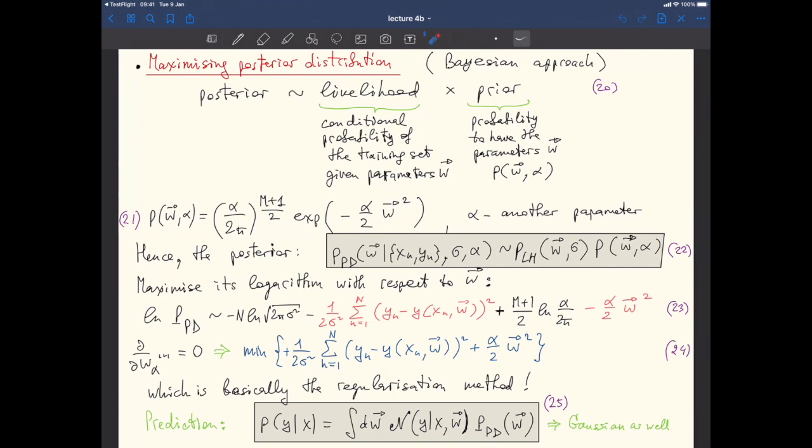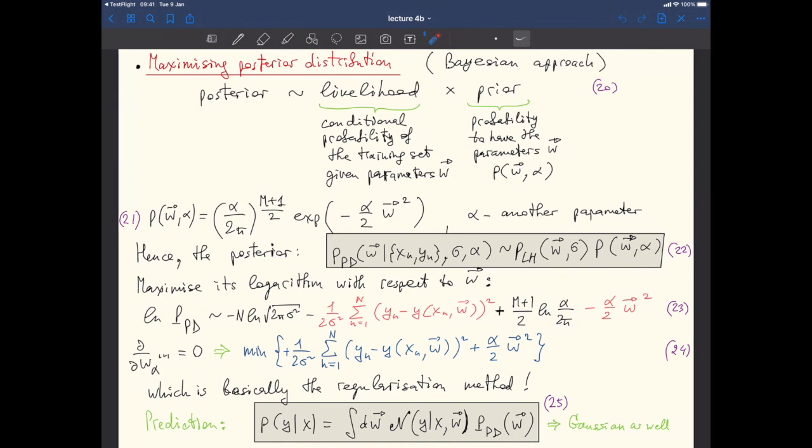So this is a prediction, and one can show that because both of these probabilities are actually Gaussians, this is a multivariate Gaussian, this is a one-dimensional Gaussian, you can integrate over all values of the parameters. You can perform this integration analytically and then calculate the final distribution, which again will be Gaussian with a particular dispersion and a particular mean.